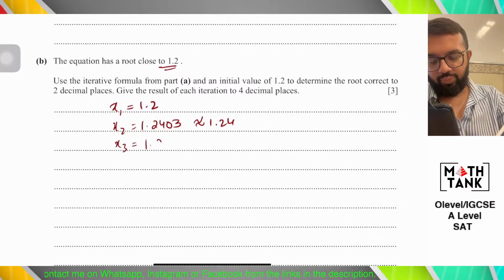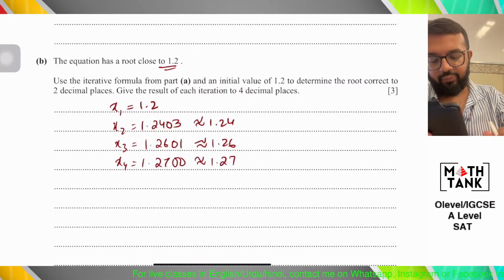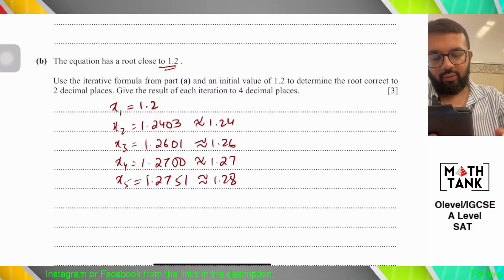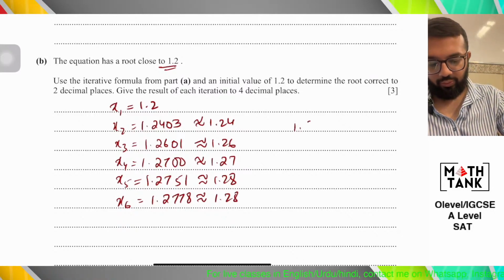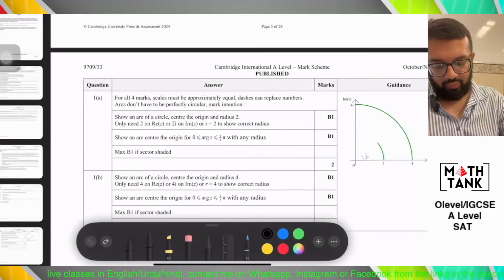X3 is getting me 1.26. Then 1.27, then 1.27451, so 1.28, and then I have a repetition at 1.28. Okay, so my root is 1.28. Hope that's correct.